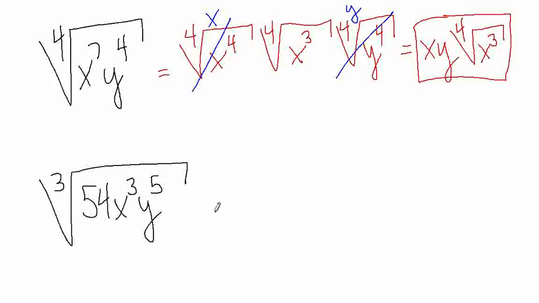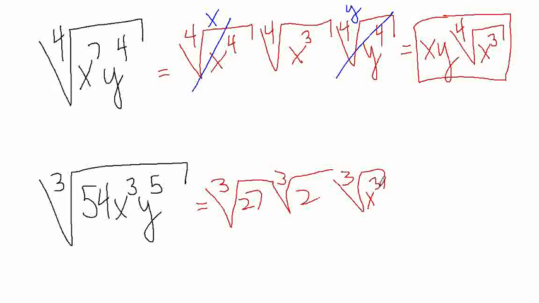All right? And then for the last one, the cube root of 27 times the cube root of 2 times the cube root of, let's say, the x cubed. That's already something that we can do, so we don't really have to work to modify that. So let me keep that as the cube root of x cubed.